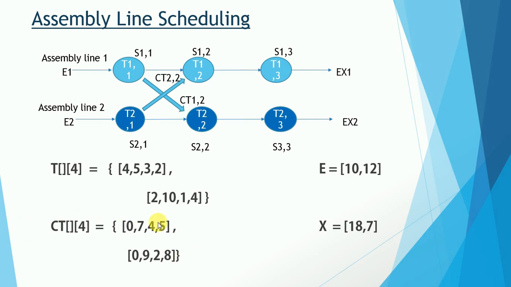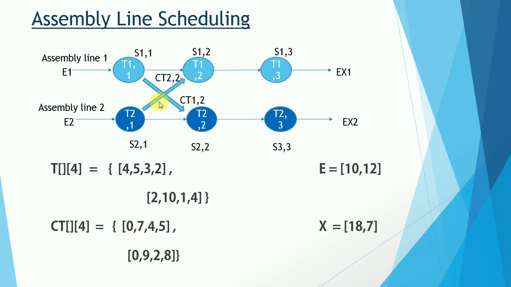Now we have another two-dimensional array, which is the array of change time. The first elements are always going to be 0, because when the chassis is entering, it is going into the next station in the assembly line in which it enters. So there is no question of it changing the assembly line.